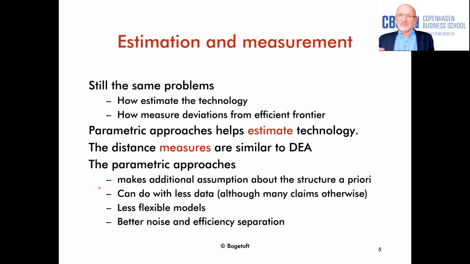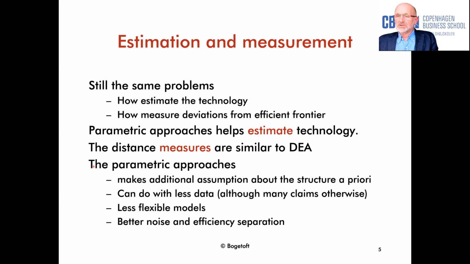And as always, we have two problems in efficiency analysis or in benchmarking, namely how to estimate the technology and how to measure deviations from the efficient frontier of the technology. The parametric approaches help us to estimate the technology, but the distance measures, the performance measures relative to the technology that we use are very similar to the ones we use in DEA. So that's the same.